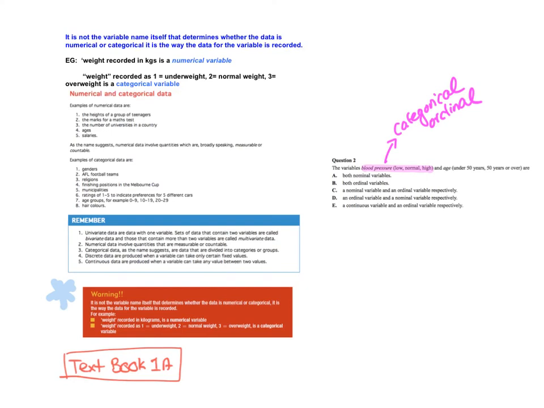Now what about the next category? We've got under 50s and over 50s. What do you reckon that one is? Yes, good, this one is also ordinal. If you're in under 50s, I know you're younger than the over 50s. It's got an order, but it's still a category. So the answer there was B.